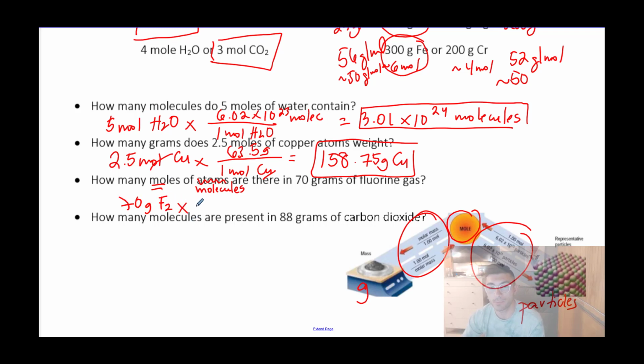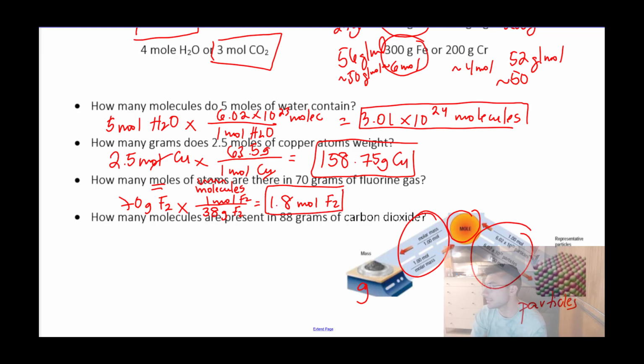And that's important to remember because that's going to change how we calculate the molar mass. If we look at the periodic table, fluorine has a molar mass of 19 grams per mole, but that's monatomic fluorine. If it's diatomic, we have to multiply it by 2. So it's 38 grams of F2 for every 1 mole. And if we calculate that, we get 1.8 moles of F2.